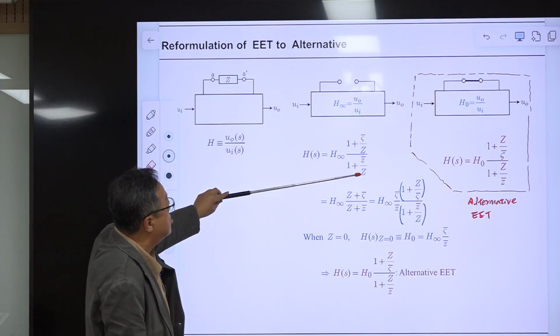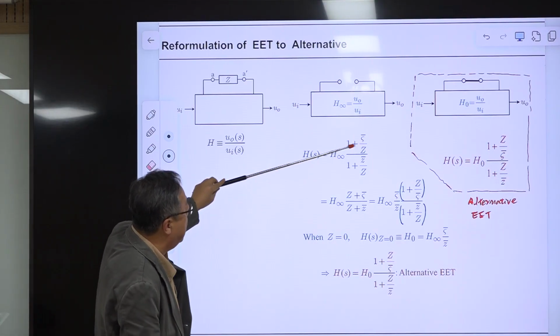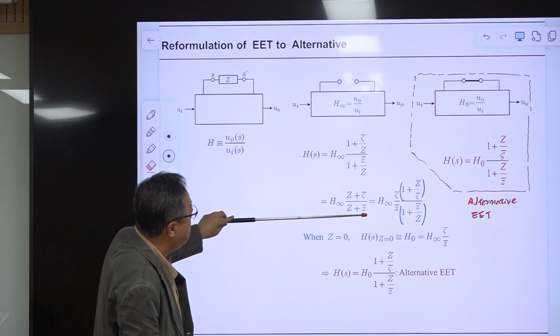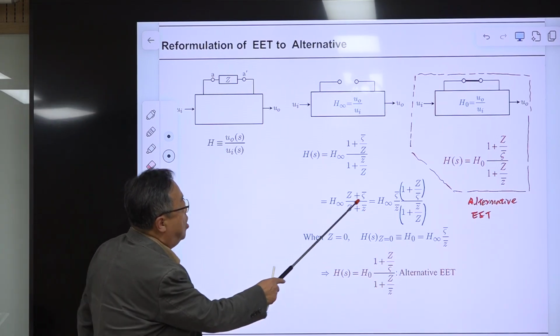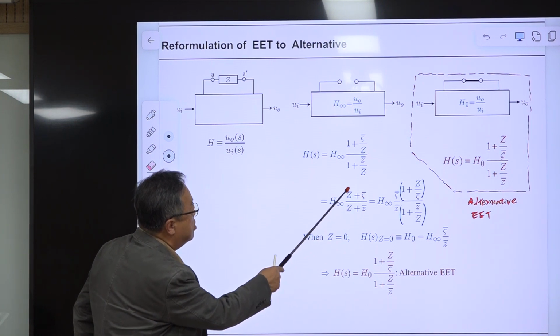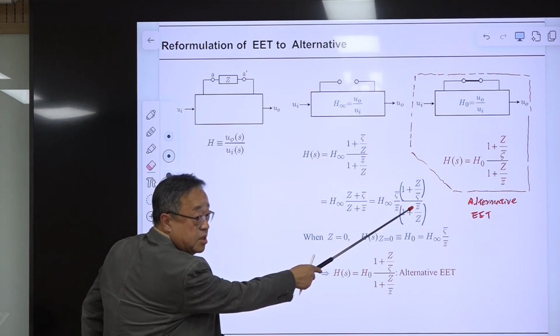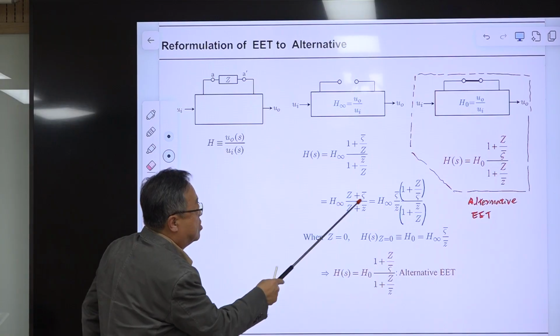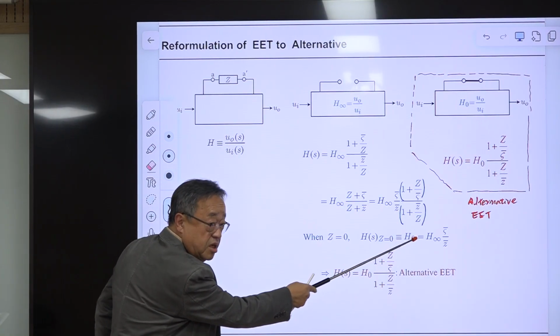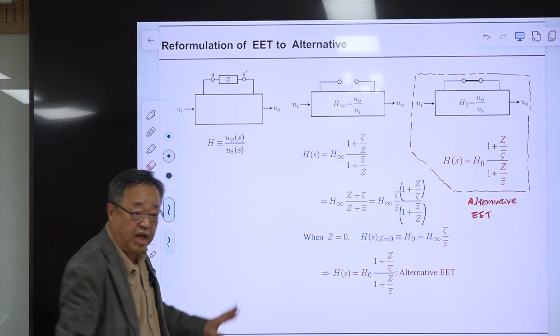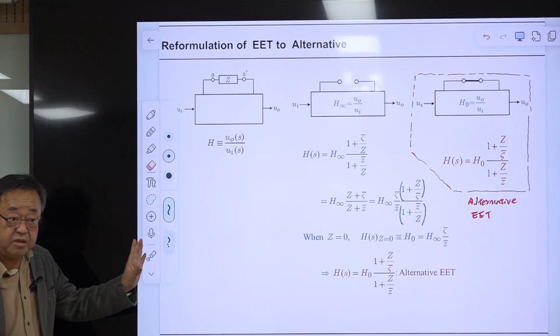You multiply this by G in the numerator and the denominator, and you will have this. In the numerator, you take out this, then you will have this. And in the denominator, you take out G bar, then you will have this. This is the same equation, nothing has been changed.